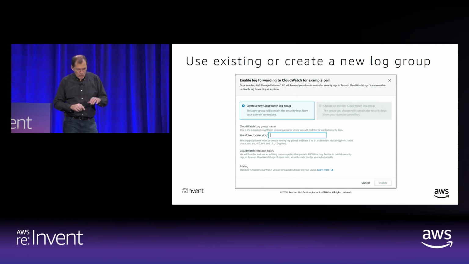And then we'll look for a resource policy that allows us to start logging to that group. And if one doesn't exist, then we'll create a resource policy and do that. So it's really pretty simple and automated to do this. And then once you've set that up, we start forwarding the event logs. And there's maybe a minute or two of latency between when the event occurs and when it shows up in CloudWatch.